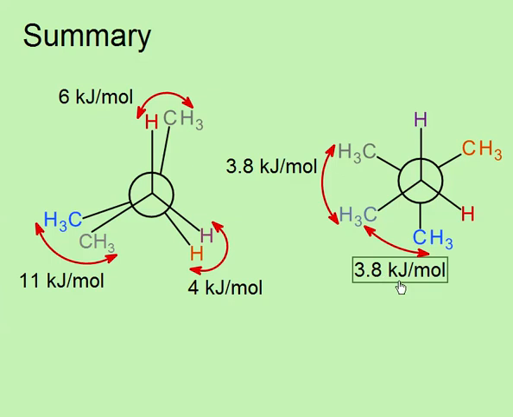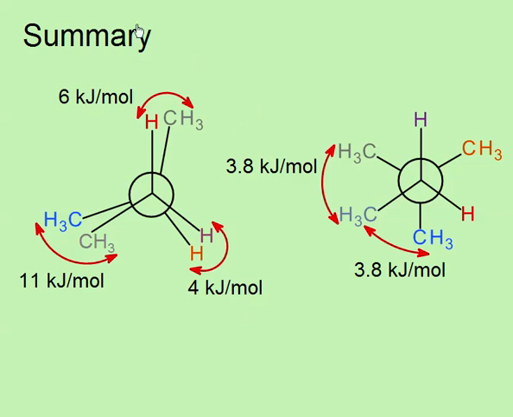So one last look. With the staggered conformation, it's just a gauche strain, which is 3.8 kilojoules. Remember, it's got to be methyl groups which are just separated by 60 degrees. Methyl groups separated by 120 or more would not cause this gauche strain.